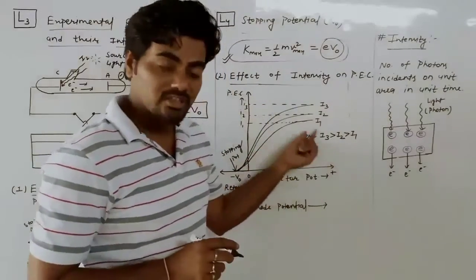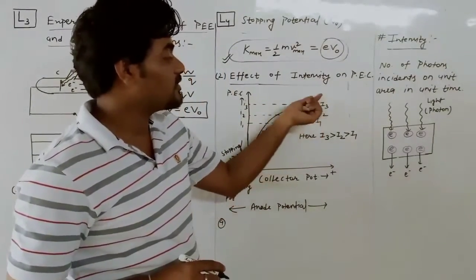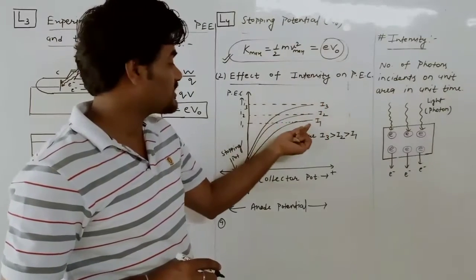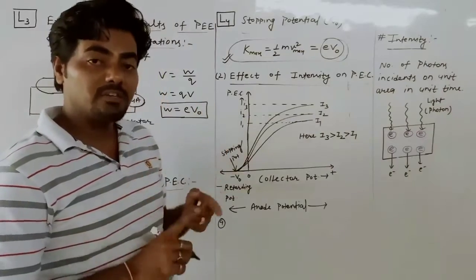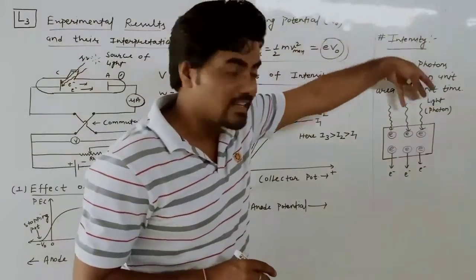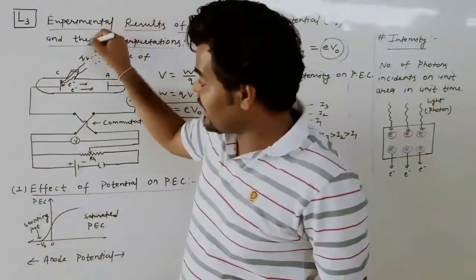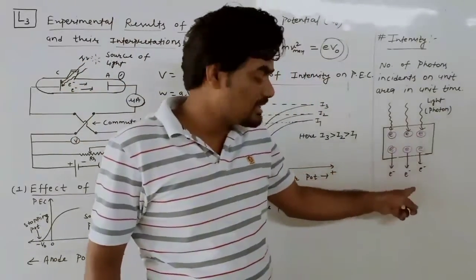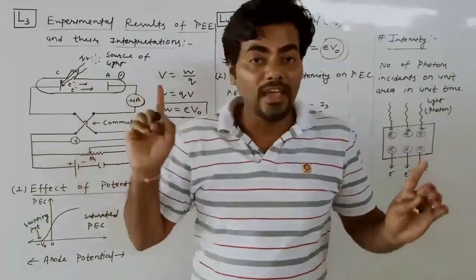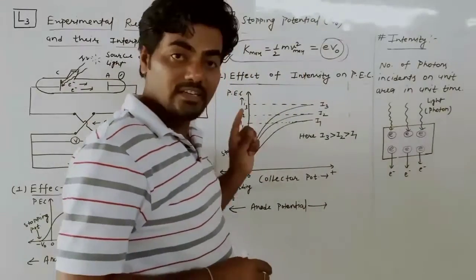So it is clear from this graph that as the intensity of the light increases, the saturated photoelectric current also increases. In other words, on increasing the intensity of the light, the number of emitted electrons increases. Hence the photoelectric current increases.